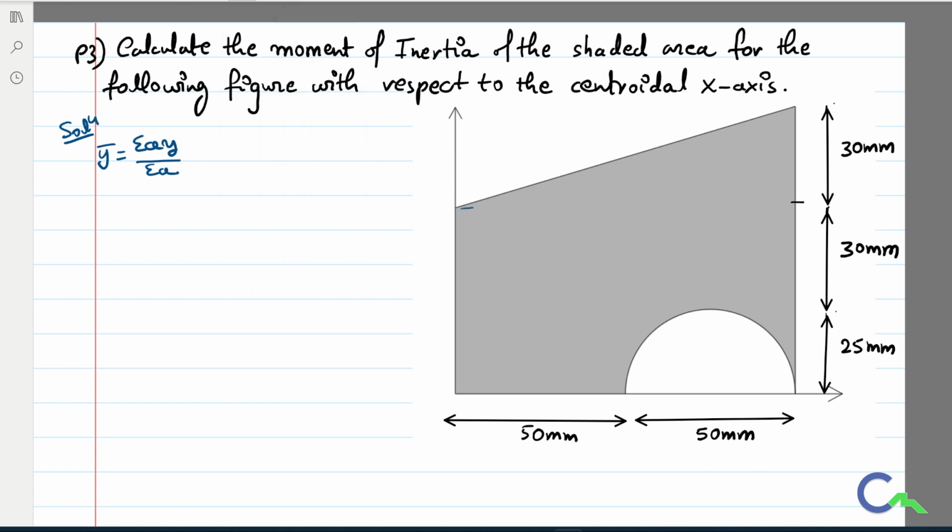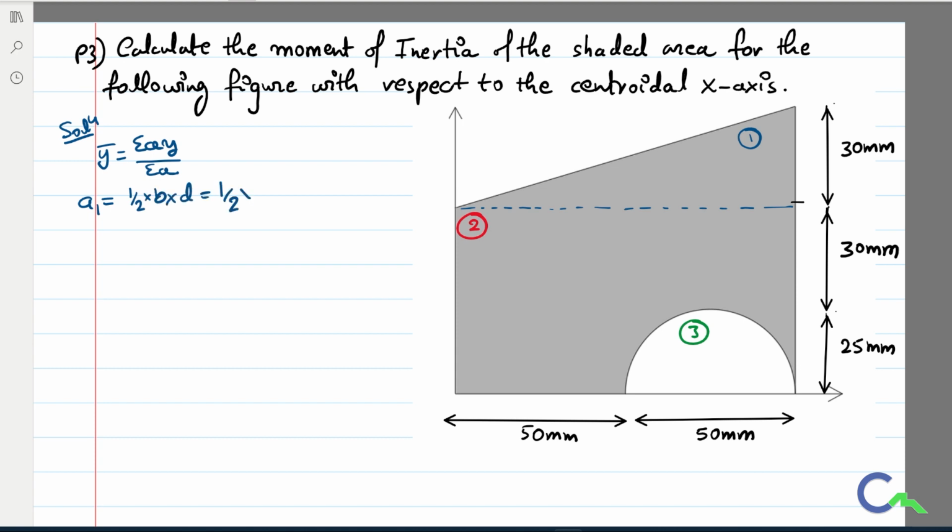For that, let us divide this entire area into a number of components. This area I can divide into three known components. The first one, I will take the triangle. The second area I am going to take the rectangle. The third area I am going to take the semicircle. So the area of the first figure, the triangle, is half into base into height.